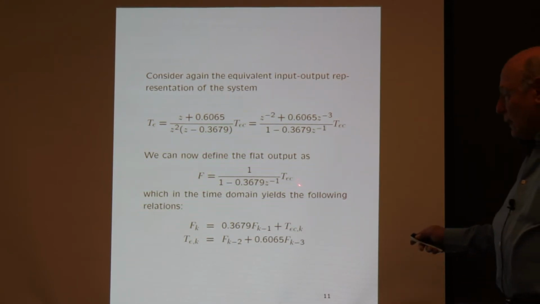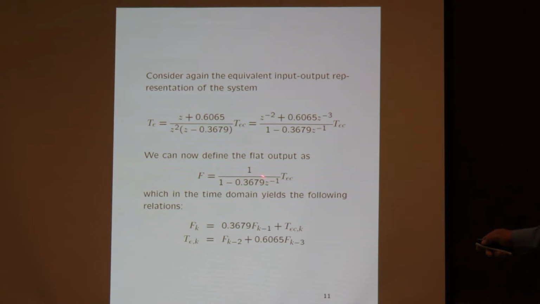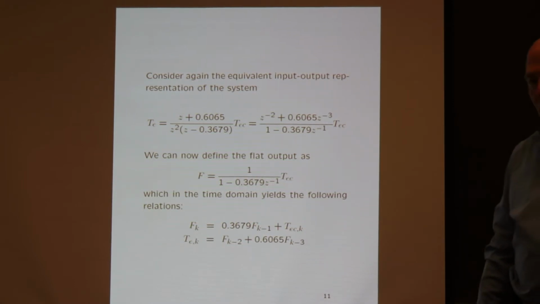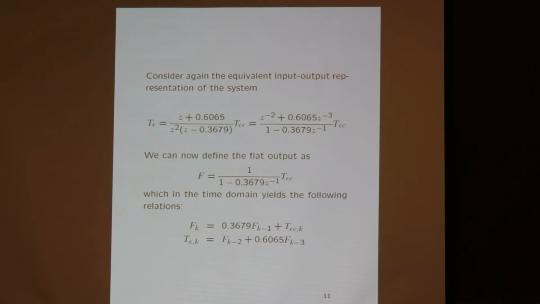So F and the input are related by these dynamics, and now the dynamics of F relies on past values of itself and the actual value of the control input. The denominator, is that Z minus 1 or Z minus 3? C minus 1. Because you multiply everything by C minus 3, yeah, and this C square gets here too.